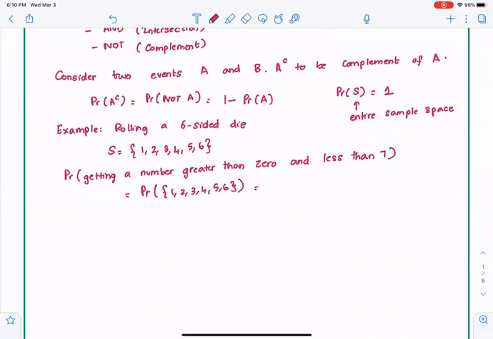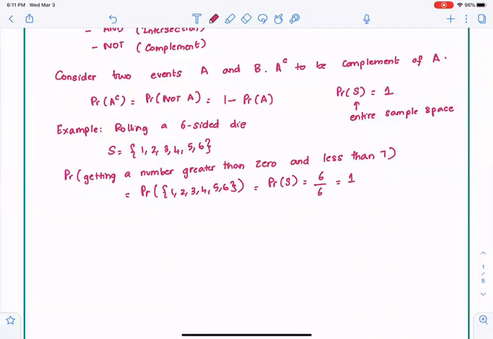So for this experiment, I simply chose the entire sample space. The number of outcomes in the sample space is 6, and the total number of outcomes is 6.